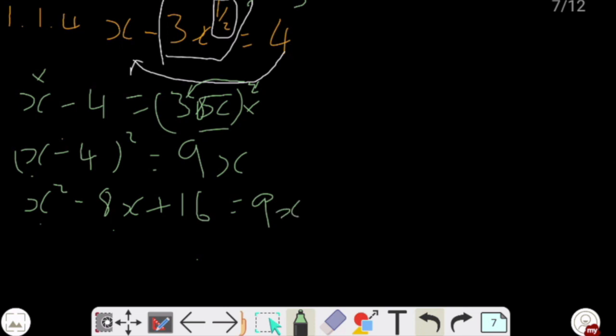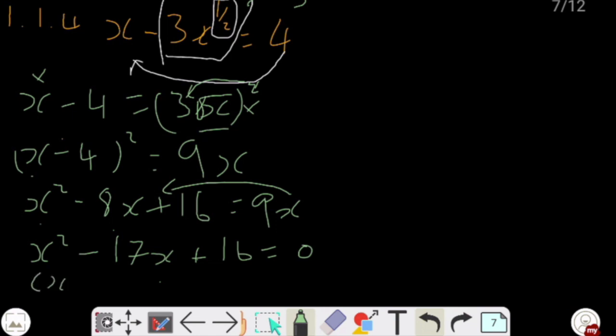Now let's write this in your standard quadratic form, meaning we will have x squared, we take the 9 to the other side, which will give us minus 17x plus 16 equals 0.